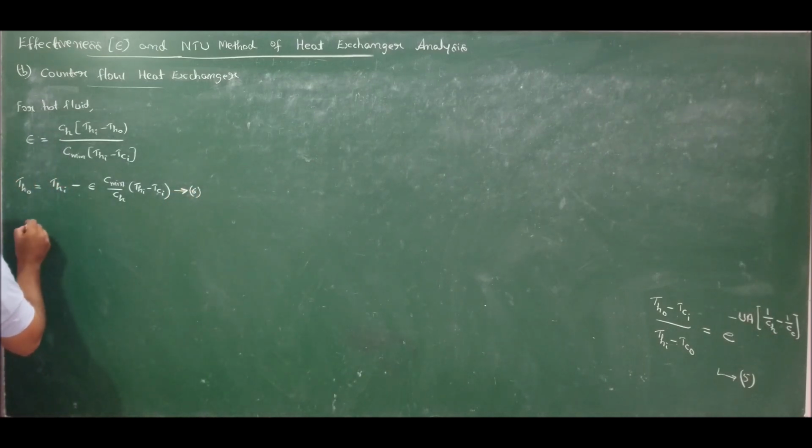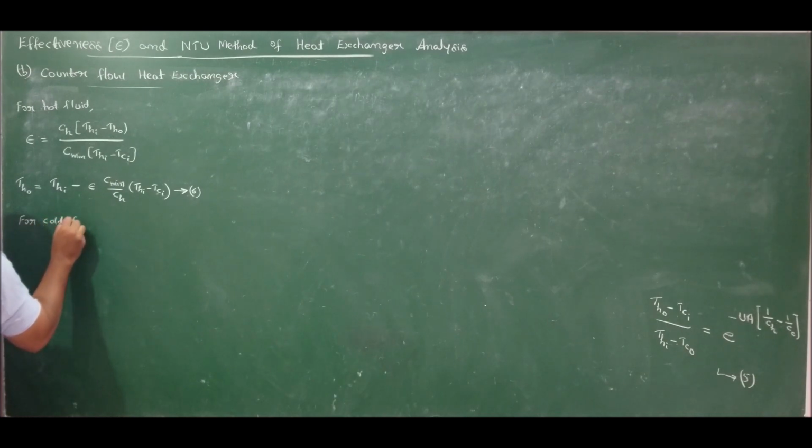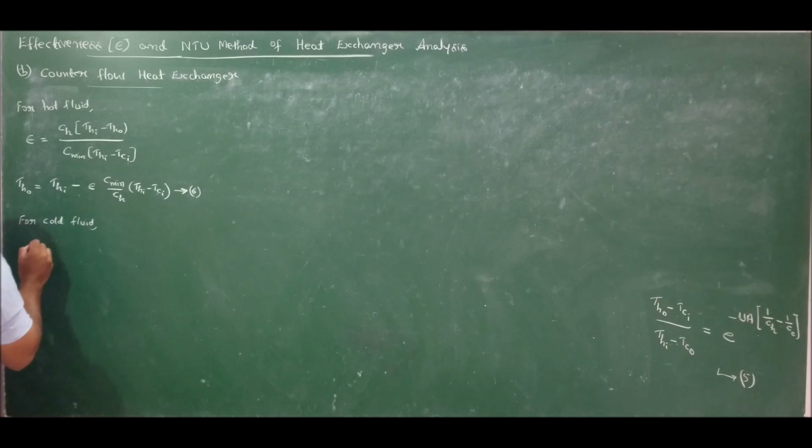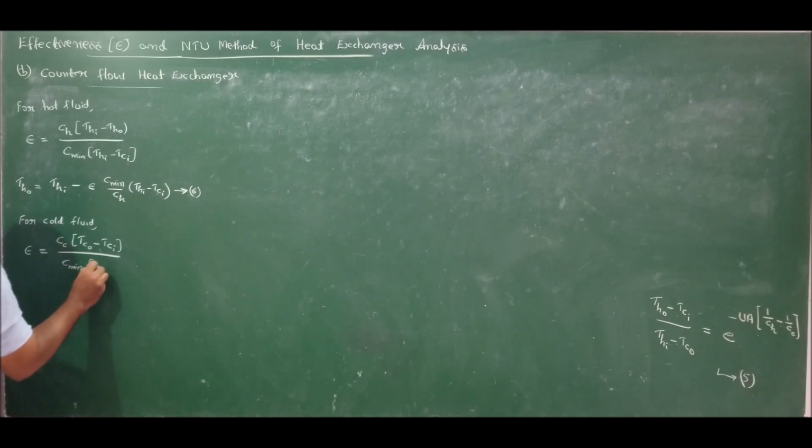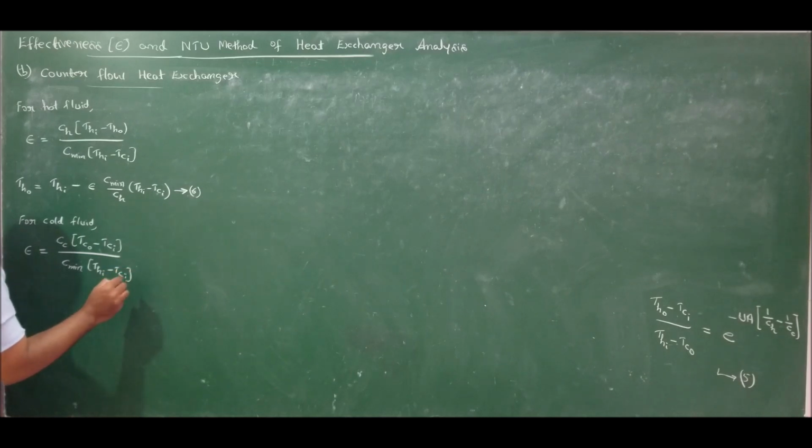Similarly for cold fluid, if I write, we have epsilon is equal to Cc times TCO minus TCI divided by C minimum times THI minus TCI.